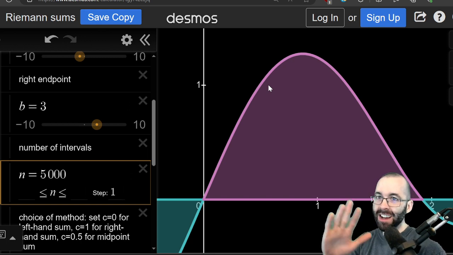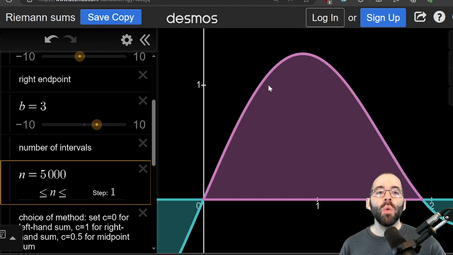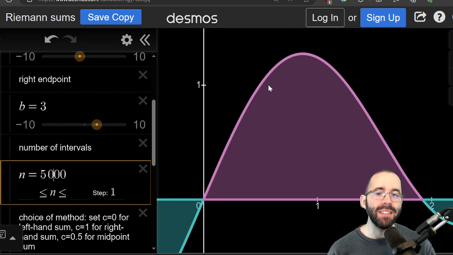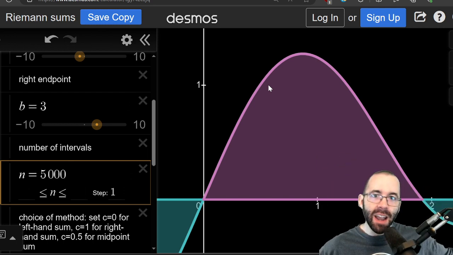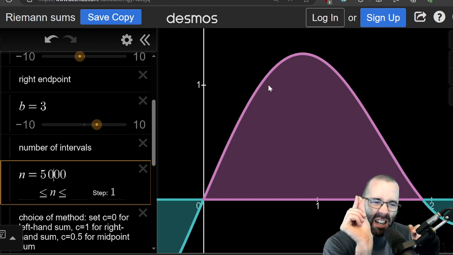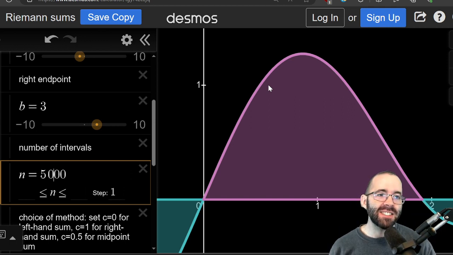Don't worry, I'm not. What are we looking at? We are looking at the limit as the number of rectangles goes to infinity. That concept of a limit in calculus. Infinitely many rectangles, each infinitely thin, is going to give us that area.